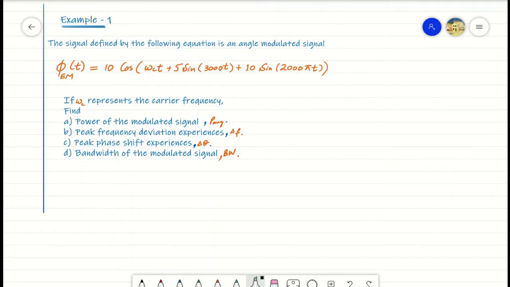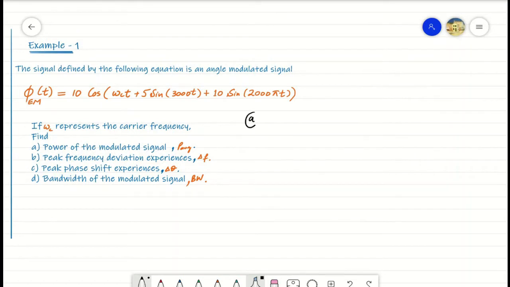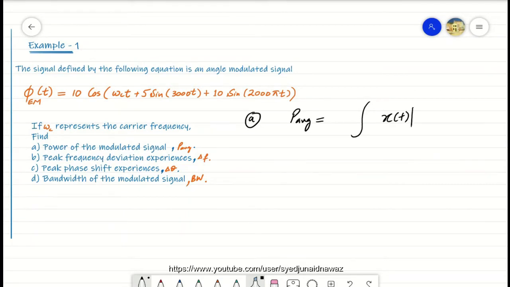So let's start with the first part, that is finding the average power of this sinusoid, that is the exponential modulated signal. As we know that sinusoids are power signals and we derived a formula to find the power of such sinusoids or any periodic signals, that is obtaining the magnitude of the given signal and then taking its square and then integrating it over one cycle and averaging it over the time for which it is being integrated.